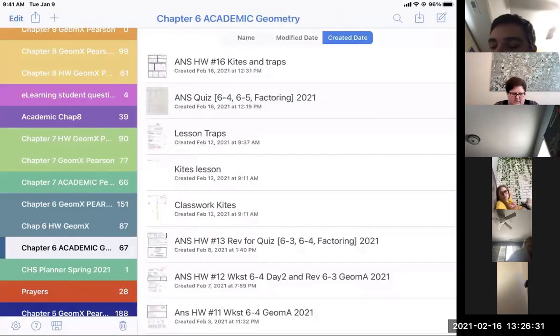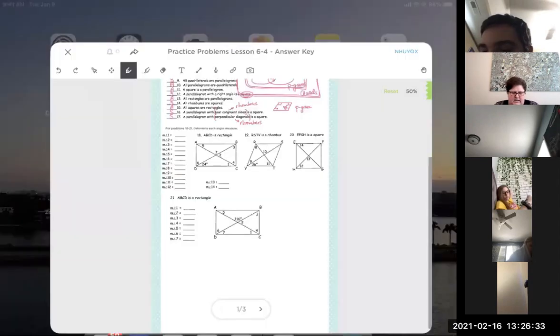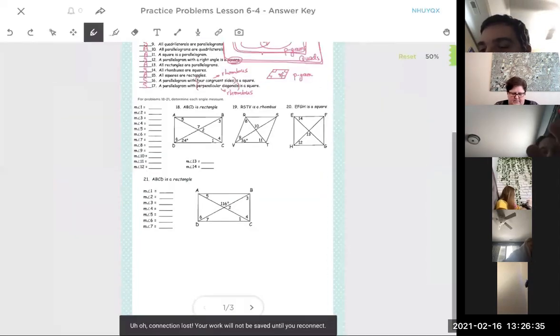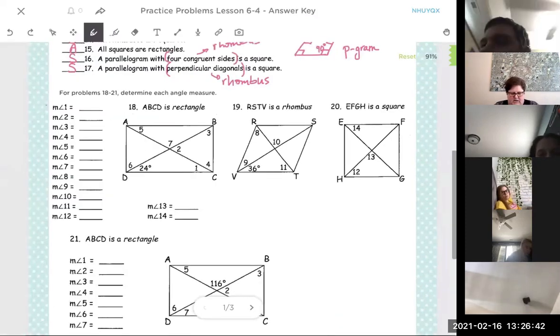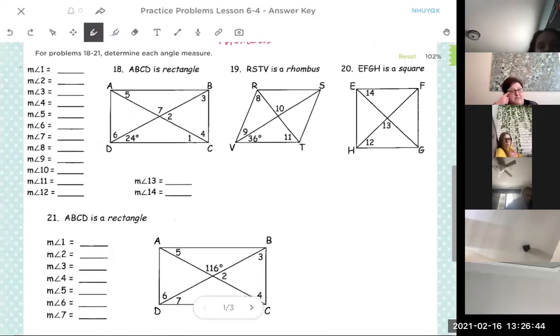I want you to go log into ClassKick and find the practice problem 6.4. Those 4 problems right there, we did not have time to do, and I feel like you need more practice on that.